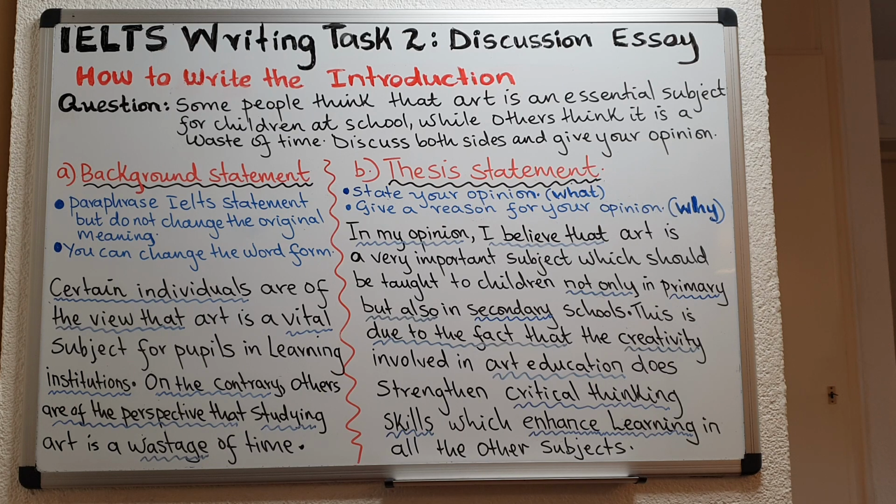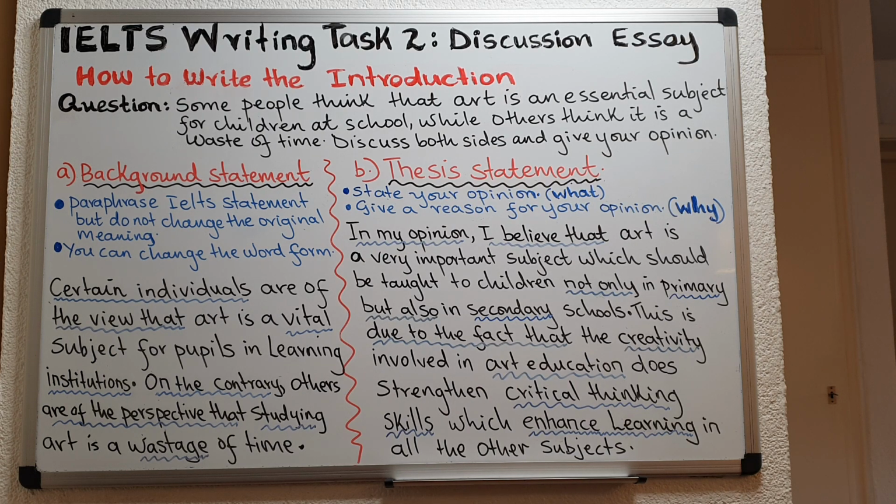Now, the other thing that I would like to point out is that you have only 40 minutes to write your IELTS Writing Task 2. It's not a lot of time, so make things easier for yourself by not writing too many words. You can see in my background statement, I have 2 sentences. And that is only because I have 2 different opinions.